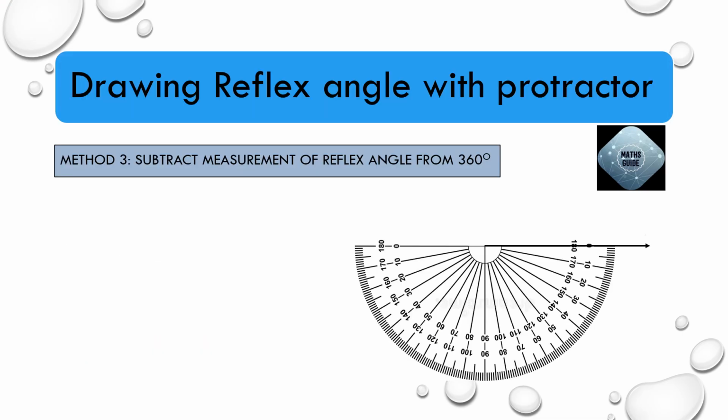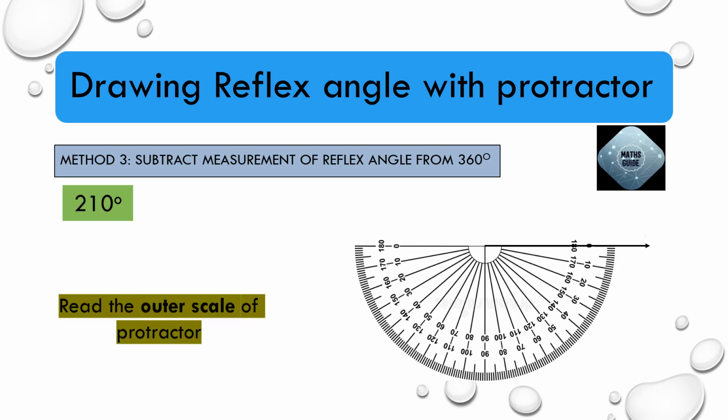Another simple method of drawing a reflex angle using a simple protractor is subtracting the reflex angle from 360 degrees. For example, we want to draw an angle of 210 degrees, which is a reflex angle. Instead of moving forward from 180 degrees, we will subtract this measurement from 360 degrees. When we subtract, we get 150 degrees.